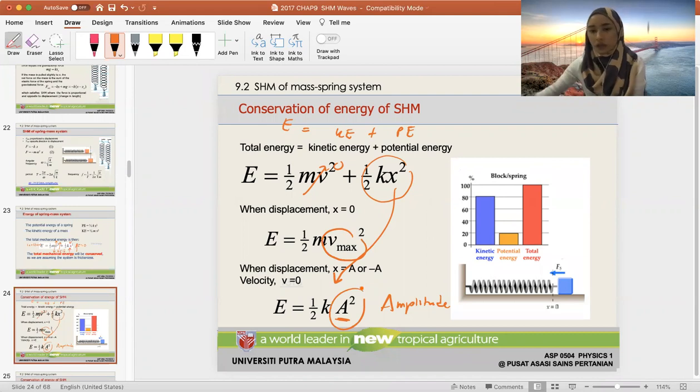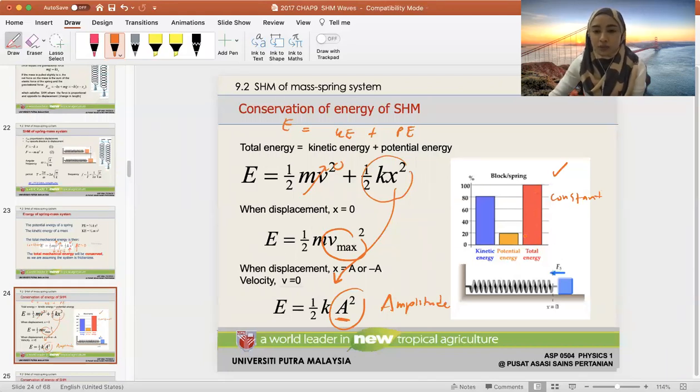Okay, now let's look at this graph. When my total energy is constant, ni another representation lah, dia punya value. Let's say total energy is 100%. Memang pun lah.